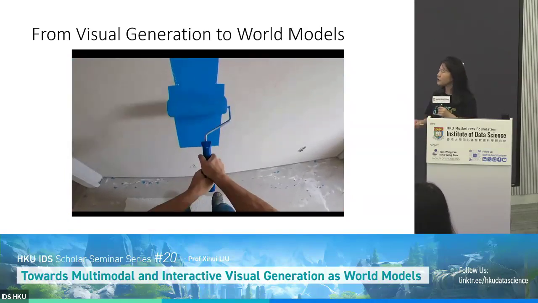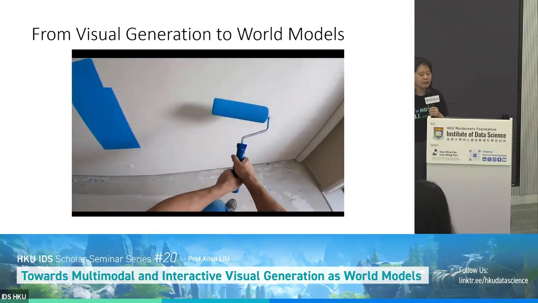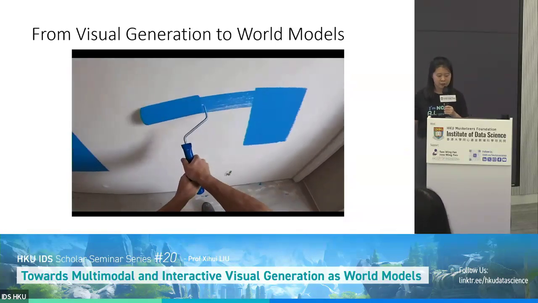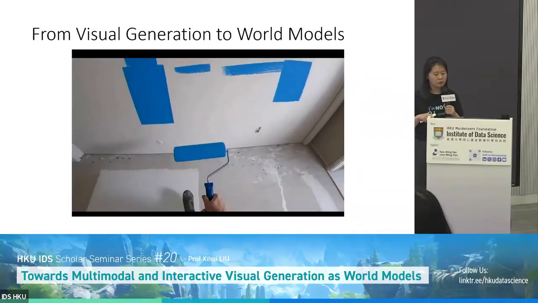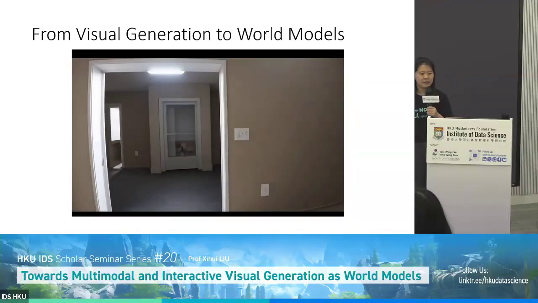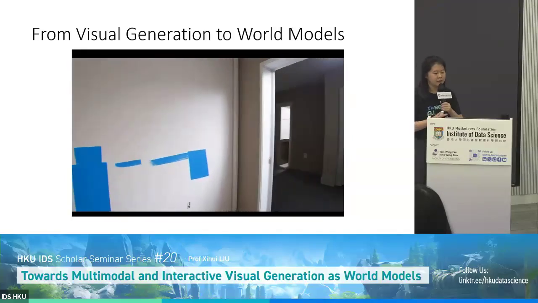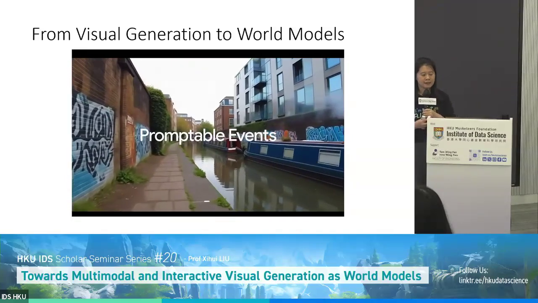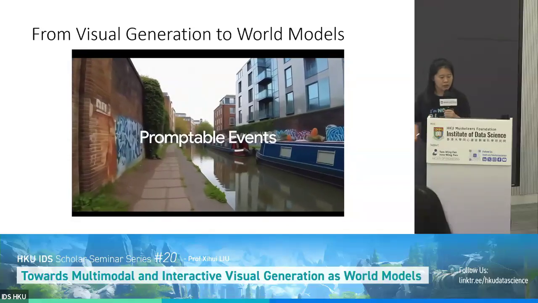We see very strong scene consistency in this type of model. For example, if we brush this wall and the camera moves to the right and then to the left, we still see the same scene. This shows that the Genie 3 model has strong scene consistency.